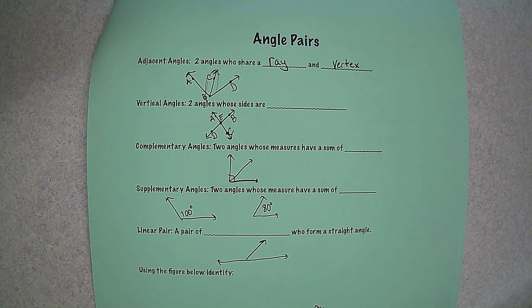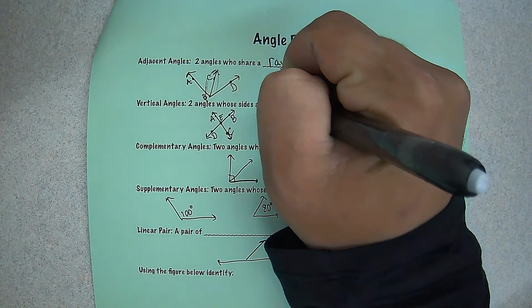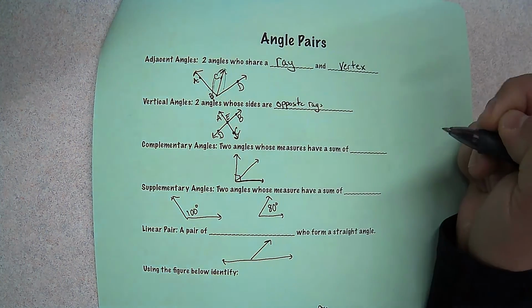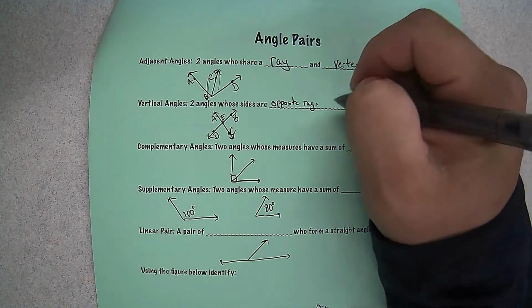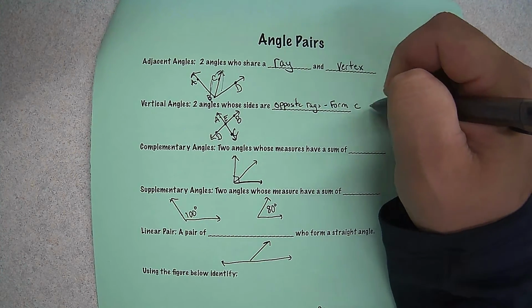Vertical angles are two angles whose sides are opposite rays, and they form congruent angles.